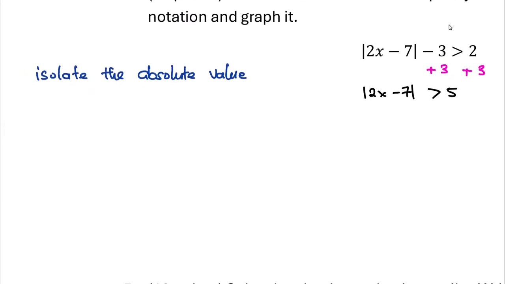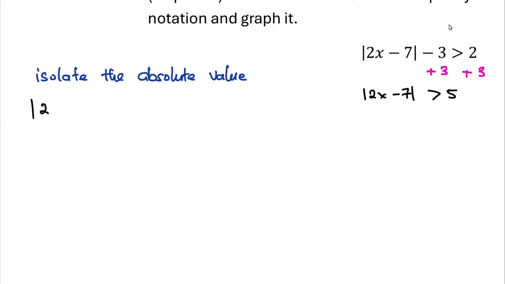All right, let me write here. So 2x minus 7 greater than 5. With the absolute value, you have to split it up into 2 different problems, right? So I'm going to get 2x minus 7 greater than 5.